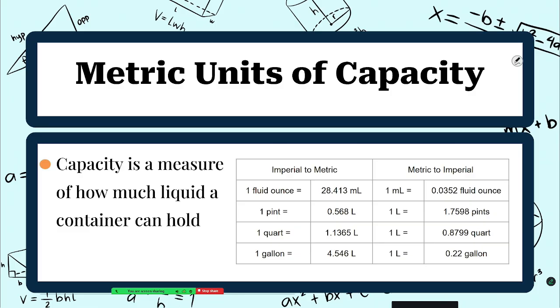A gallon is 4.546 liters. Then vice versa, a milliliter is 0.0352 fluid ounces. 1 liter is 1.7598 pints. 1 liter is equal to 0.8799 quarts. And 1 liter is 0.22 gallons.